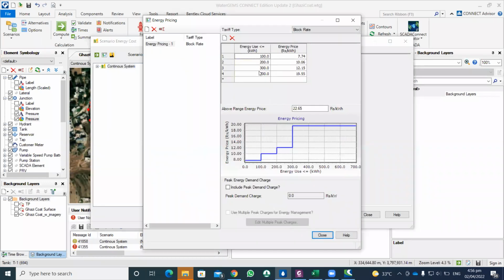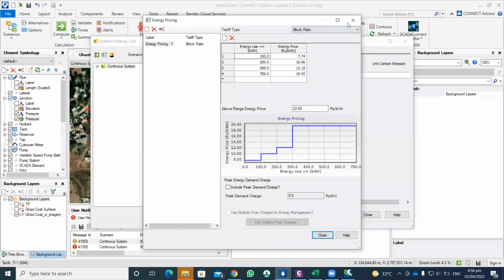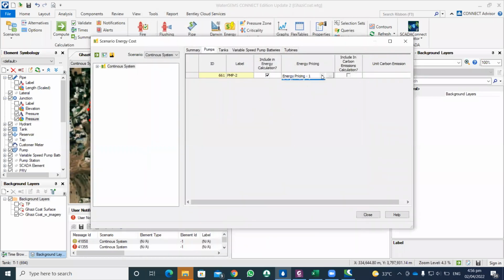I took these values from the PESCO website. The rate of electricity, the rate per unit, per kilowatt hour, and one kilowatt hour is basically equal to 1 unit. So these are the block rates I just put in here, and I define energy pricing by block rating.